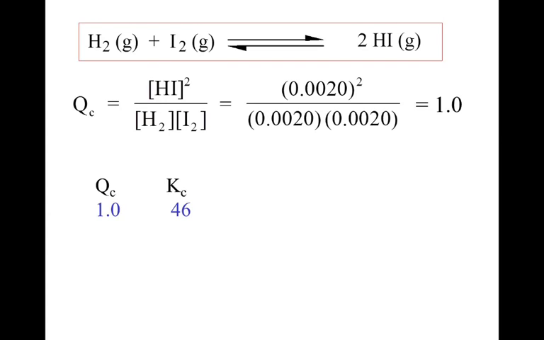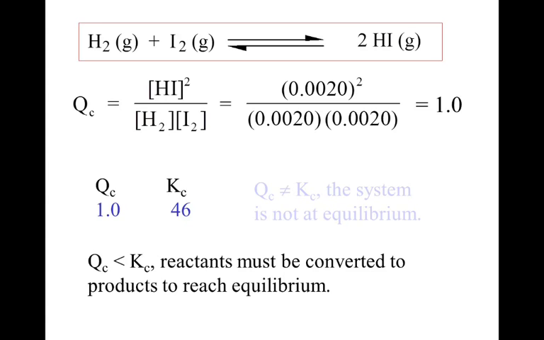Exactly. So that's the last question here. The fact that 1 does not equal 46 means it's not at equilibrium, and the fact that 1 is less than 46 means we need to beef up our products.